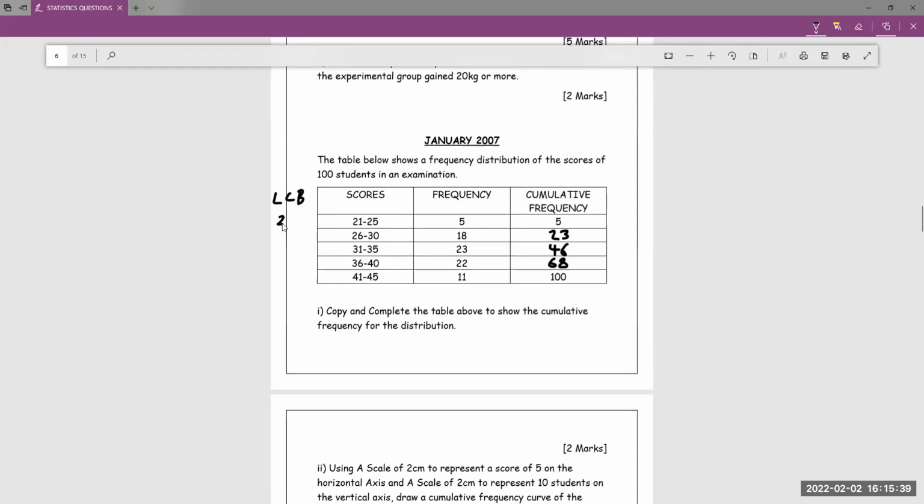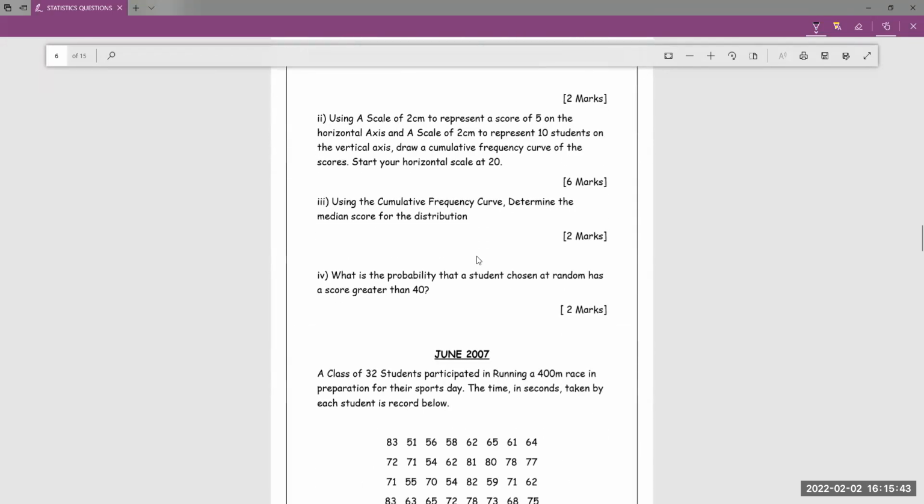All right, so for cumulative frequency, you don't need a lower class boundary. Just write down the upper.